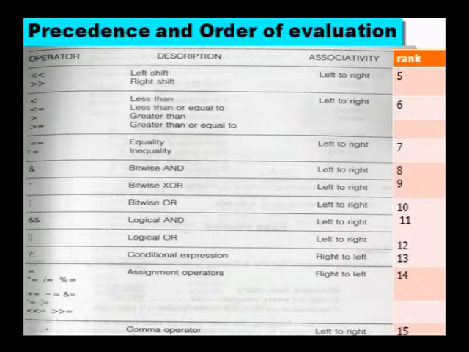It may be any assignment, equal to, multiplication or equal to, division or equal to, percentage or equal to, plus or equal to, minus, and so on. And the last one is the comma operator, with associativity from left to right and rank 15. So this is the precedence of operators in the C programming language.